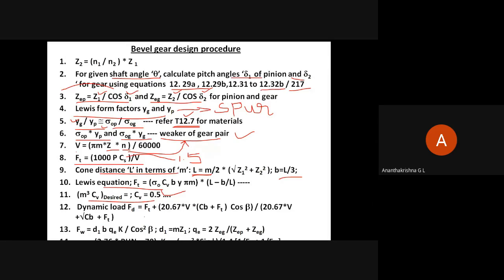Then calculate dynamic load. So the only addition is going to be here. Multiplication is with reference to cos. It is not cos beta. I think there is, I'll just check. Wait, I'll give you the proper equation over there.